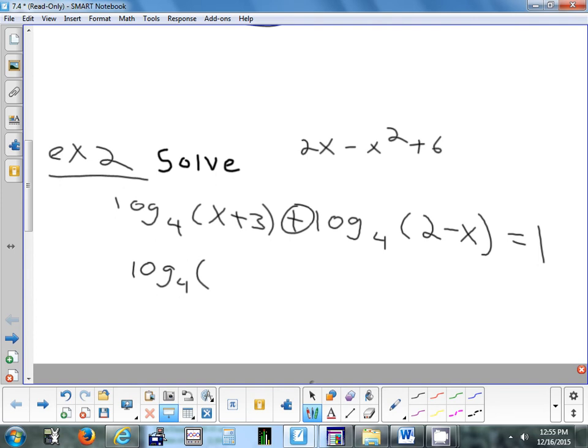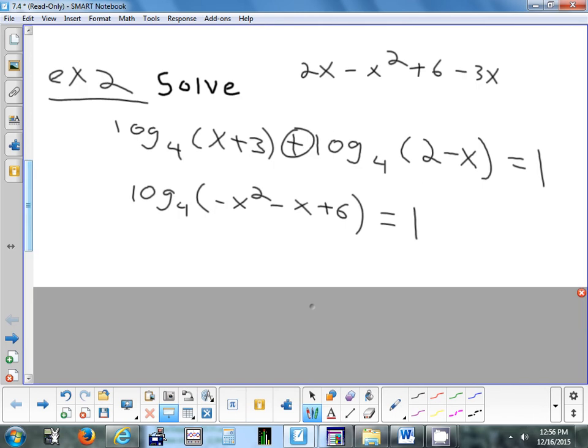And what's 3 times negative x? Usually when we write this, we like to put the highest exponent first: negative x squared. What's 2x take away 3x? Negative 1x. And lastly, my plus 6. What's that still equal to? Still equal to 1. Right, so now we've at least taken 2 logs that were separate and combined them into 1.